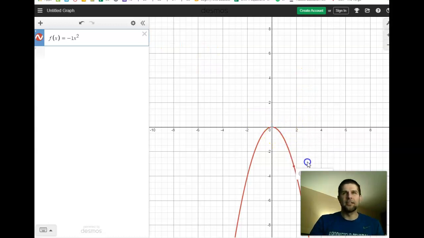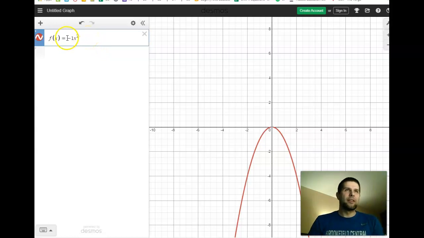As x increases, the function is getting closer to negative infinity. It's going down in both directions. So as x increases, y is going to negative infinity. And as x gets negative, at this end over here, the function is also decreasing.